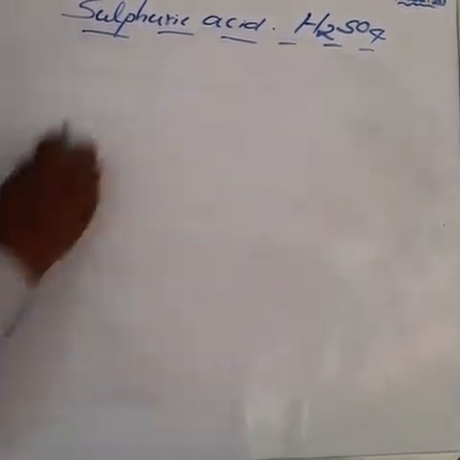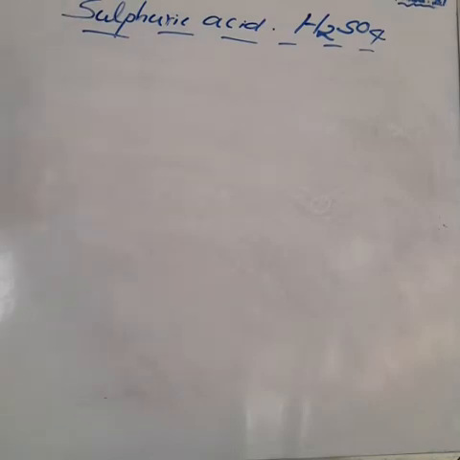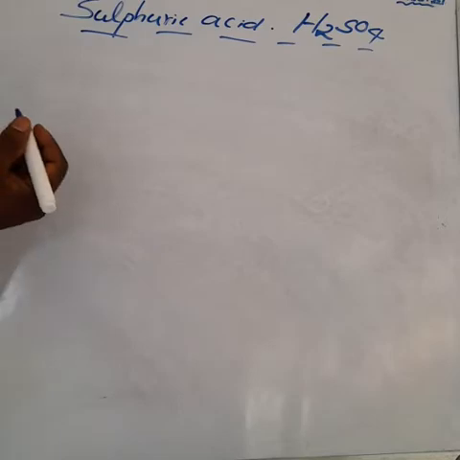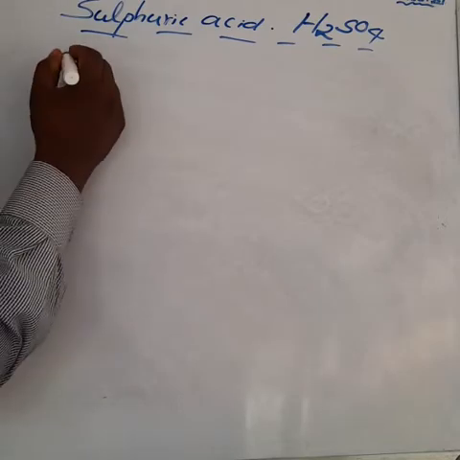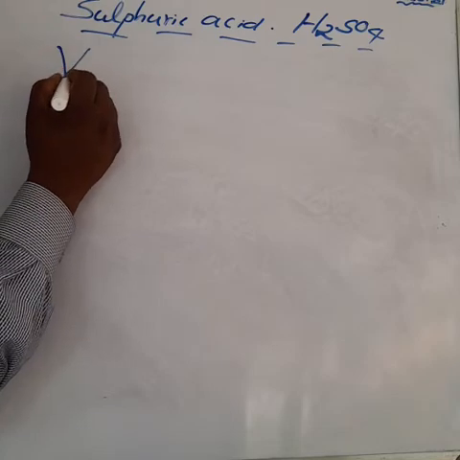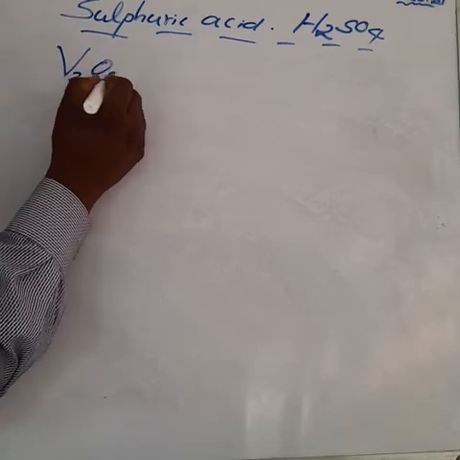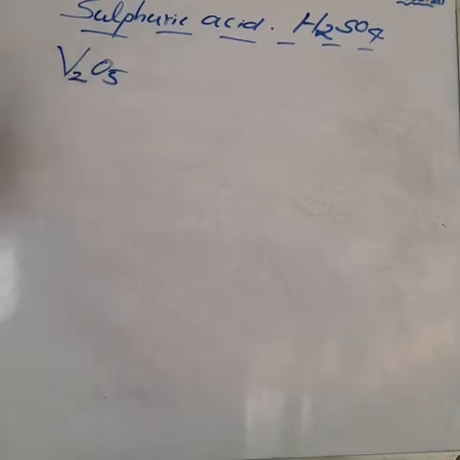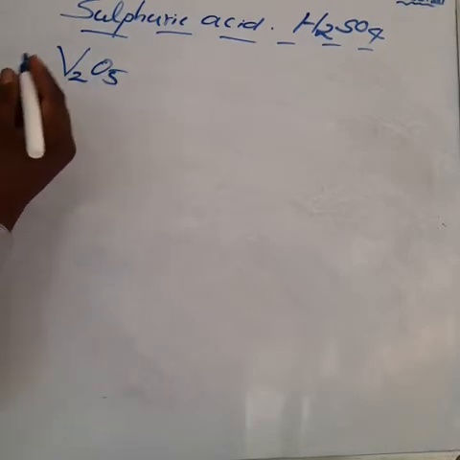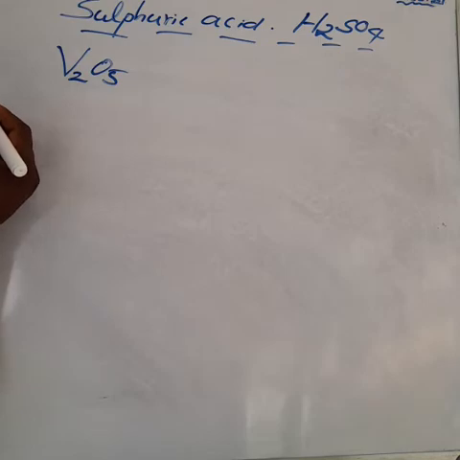Next, sulfur dioxide is also oxidized to sulfur trioxide by air in the presence of a catalyst. We are taking one of the catalysts, vanadium pentoxide. What is the formula? V2O5. Otherwise, we can say platinized asbestos. These are some catalysts we are using.